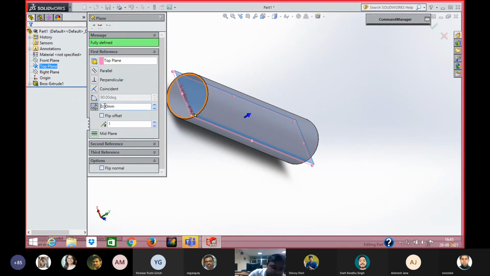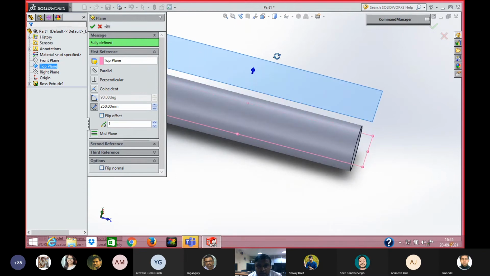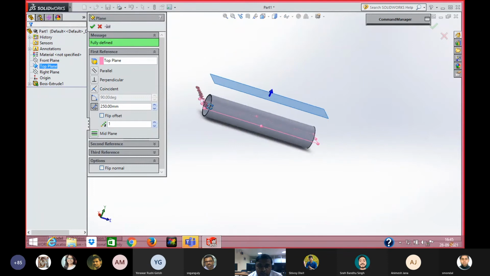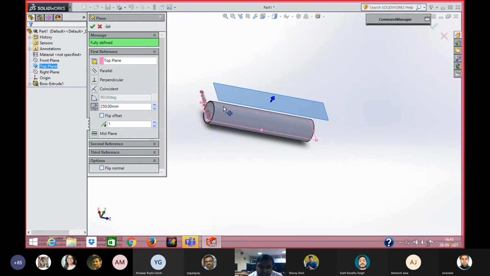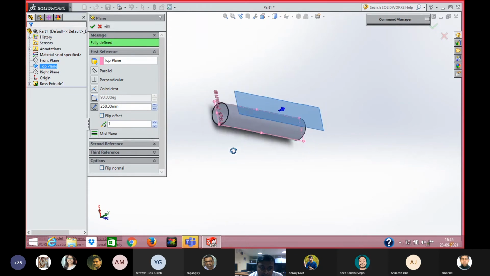Suppose we take 250, I think. Look, now we have created a reference plane which is 250 mm apart from the top plane of the shell.